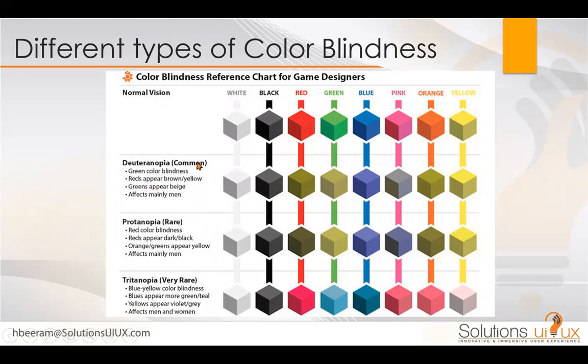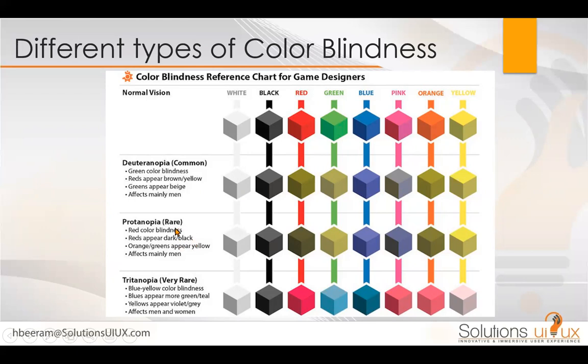So this is a common type of color blind, where you can see the red has changed to this dark greenish color, and the pink has changed to the green, and this is how they see. So when you're giving a text in red, thinking that they are able to see the error, they are not able to see the error. It's not red. The red doesn't exist in their vision.